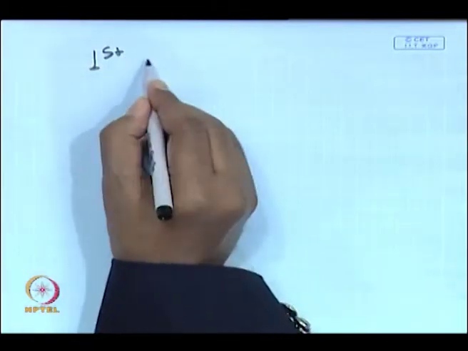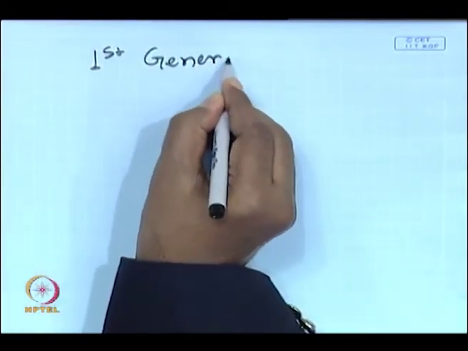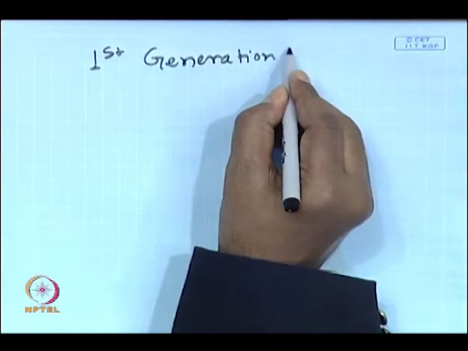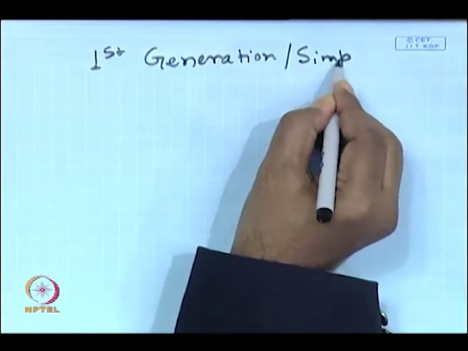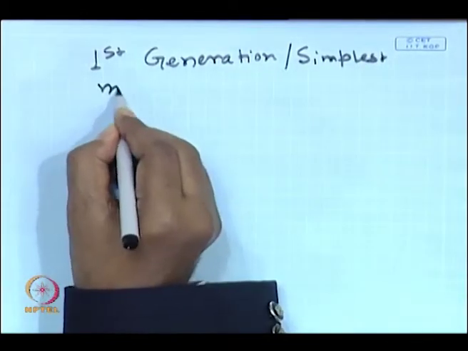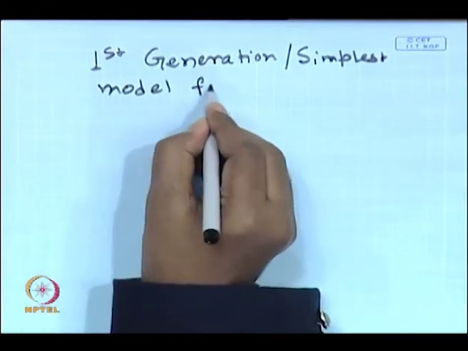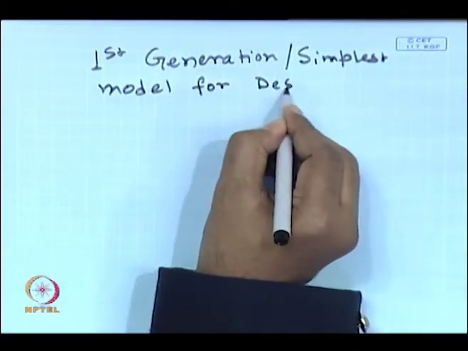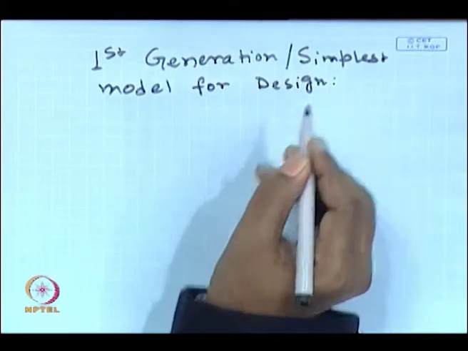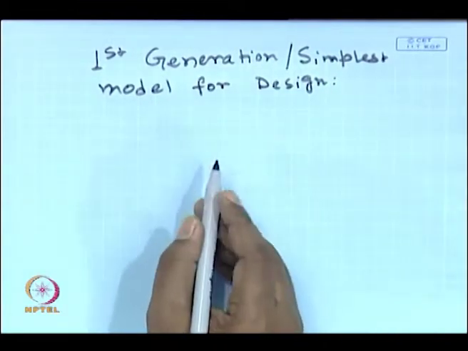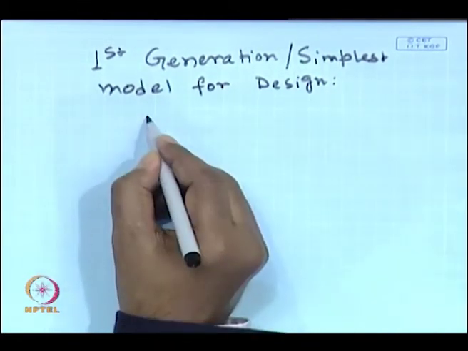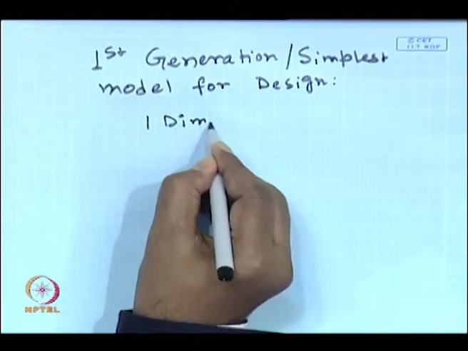Let us call it the first generation model, or the simplest model, for design. So, this model is nothing but a one dimensional model.